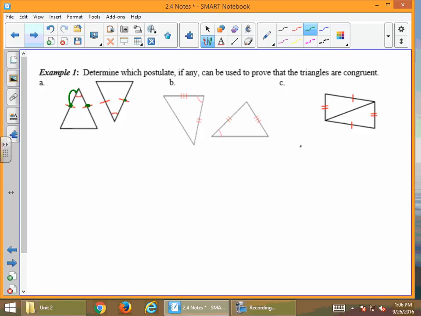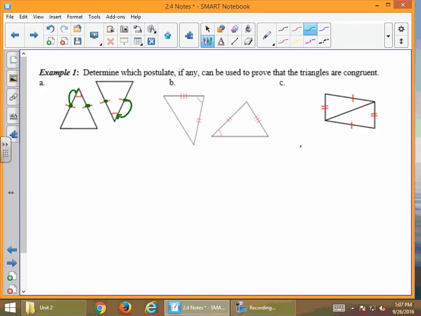Well, again, I'm going to pick this side. If I move in this direction, there's nothing there. There's no angles marked, there's no sides marked. I'm not going to move in that direction. Okay? I'm going to go this way to this angle. So I go from a side to an angle to another side. One tick mark to an arc to one tick mark.